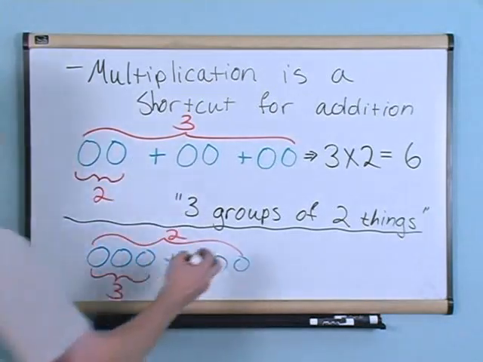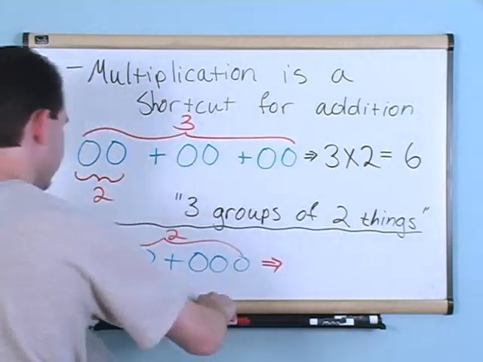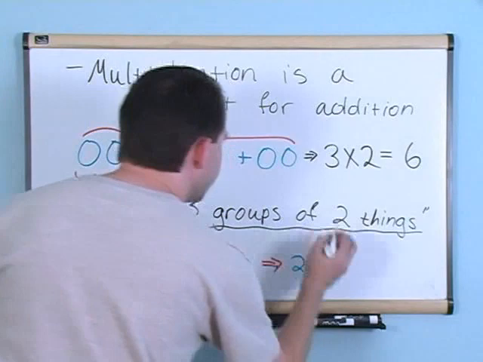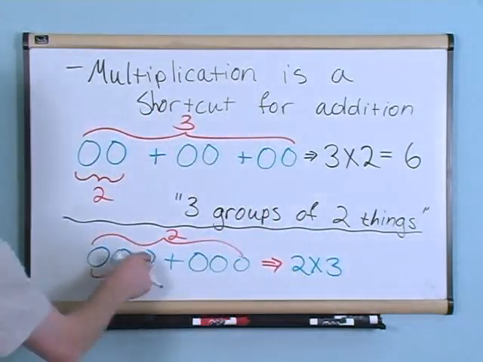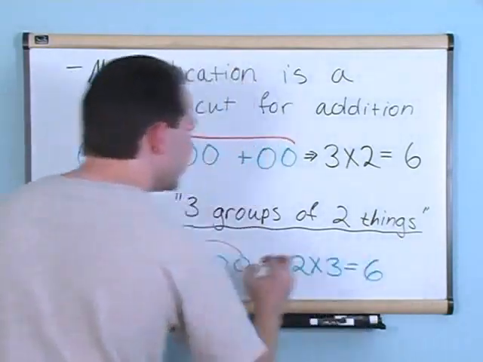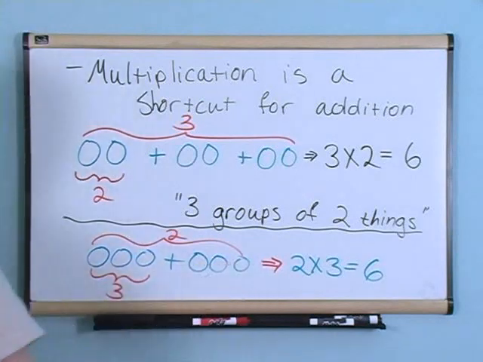So instead of 3 times 2, this is going to be 2 times 3. 2 groups, 3 things in each group. And you already know that the answer is going to be 6 because you can just look at the board and count 1, 2, 3, 4, 5, 6.